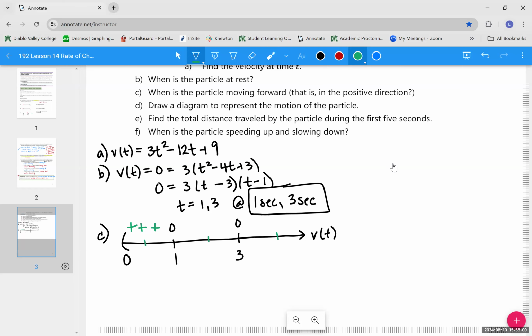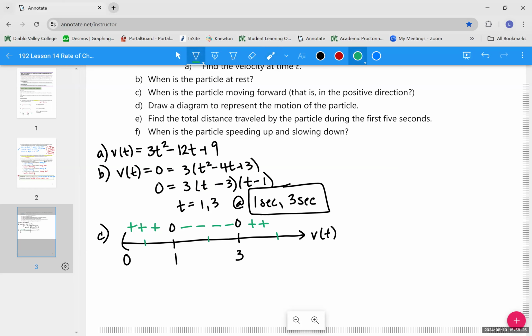All right, I'm going to plug in something between 1 and 3. 2 sounds good. That would be a negative and a positive times a positive, so that would be negative. So all of the t values between 1 and 3, the velocity will be negative. And last but not least, I'll plug in something here like a 4, positive, positive.